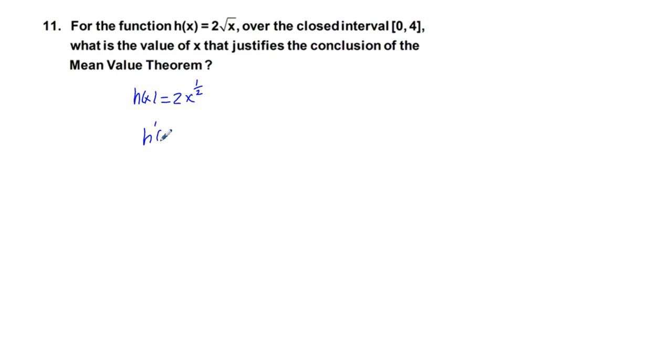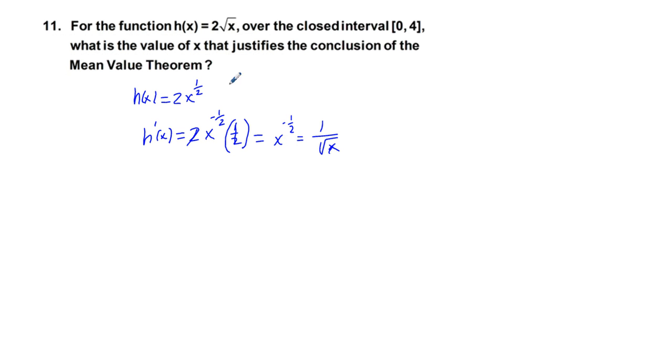So h prime of x, taking our first derivative, is equal to 2 x to the 1/2 minus 1, or negative 1/2, times 1/2. So we could have multiplied the 1/2 first, but the 1/2 and 2 will cancel each other. What we have left is x to the negative 1/2 power, which equals 1 over square root of x.